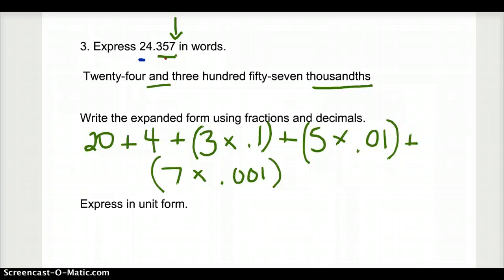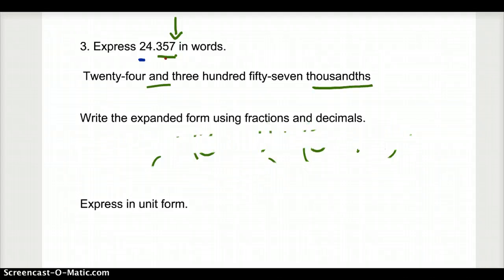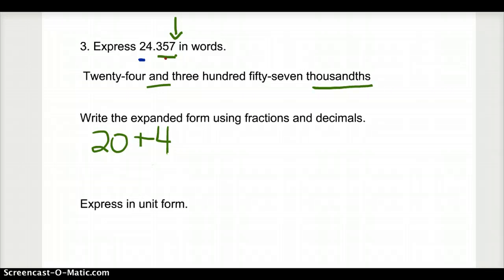Now we're going to do it in fraction form. So I'm going to erase all this, pause the video or go back if you need it again, and we're going to do it in fraction form. So my 20 and my 4 stay the same. We still have 2 in my tens column and 4 in my ones column. I still have 3 copies of 1/10, 3 in the tenths column.